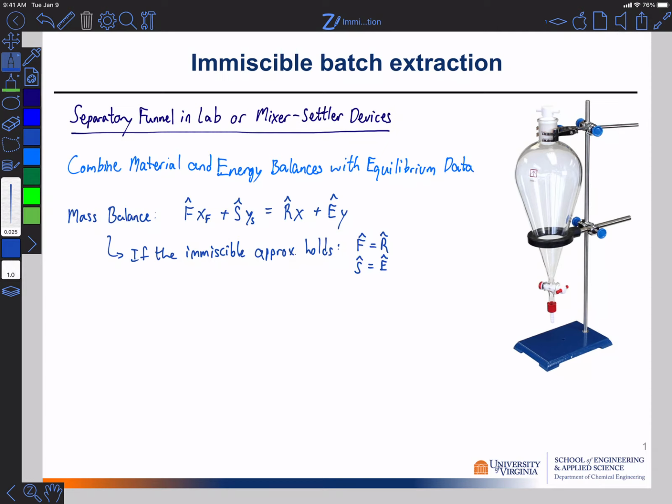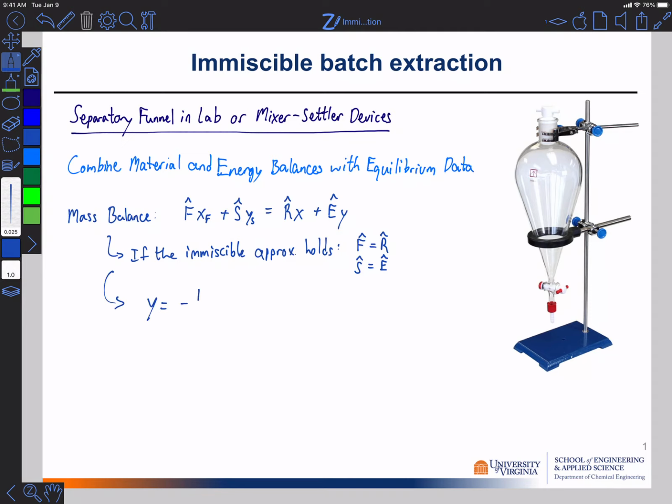Right? Basically, we're saying here that we're essentially not changing the amounts of the two different phases. All that's happening is we're moving some solute back and forth. And so that allows us then to set up an operating equation.